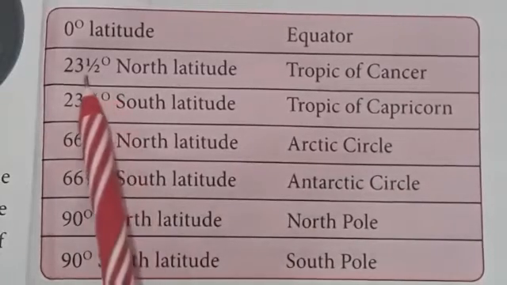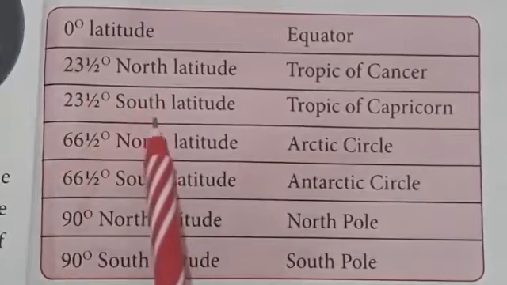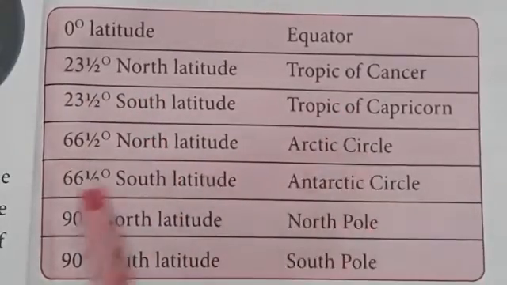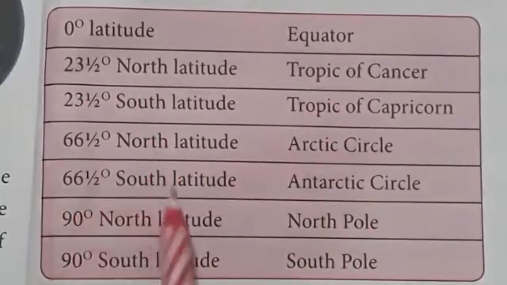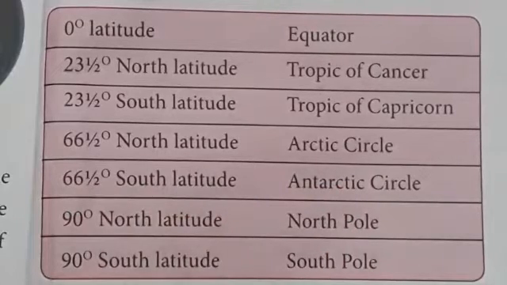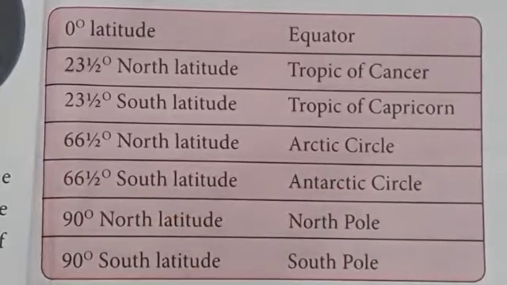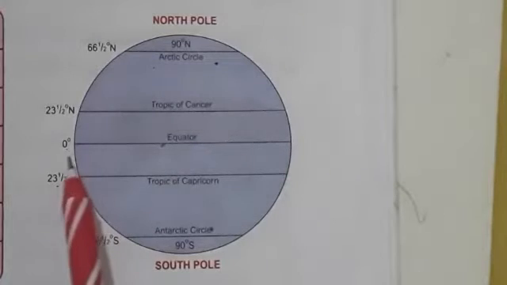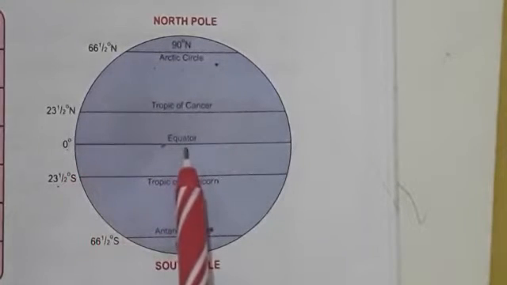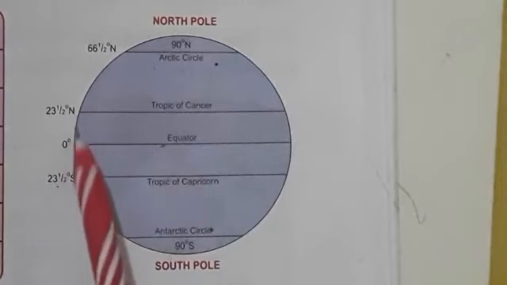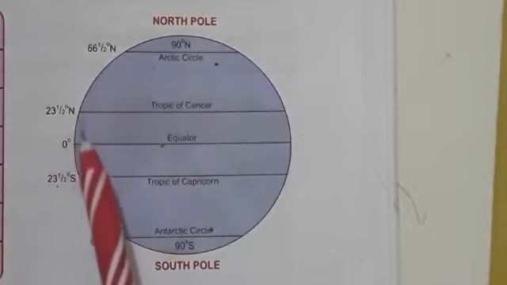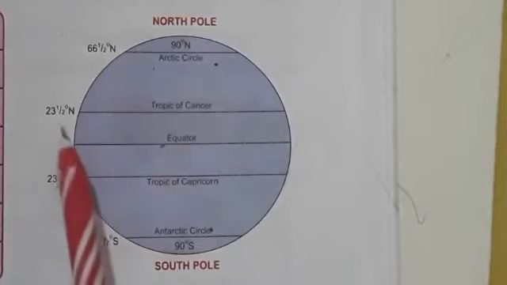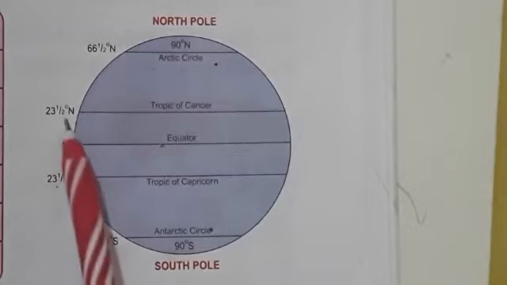Okay, at the 23.5 degree north and south we have different latitudes, and 66.5 degree north and south also, in the same way 90 degree. Okay, let us see where it is located. Okay children. See here at the 0 degree latitude we have equator, and above the equator, towards north as well as towards south, 23.5 degree, both are located at the same degree.